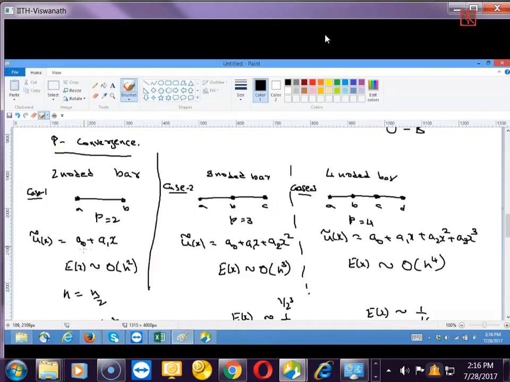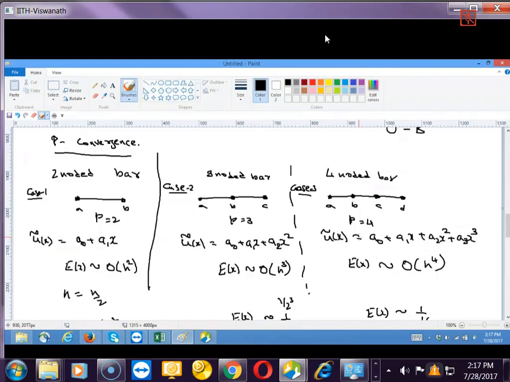So whatever the lowest power that is remaining in the universal set, after taking their corresponding interpolation functions, trial functions, it will give you p equals 2, p equals 3 and p equals 4. So if you keep on increasing p, that is called p convergence, because you're using a better and a higher degree polynomial to interpolate the things.